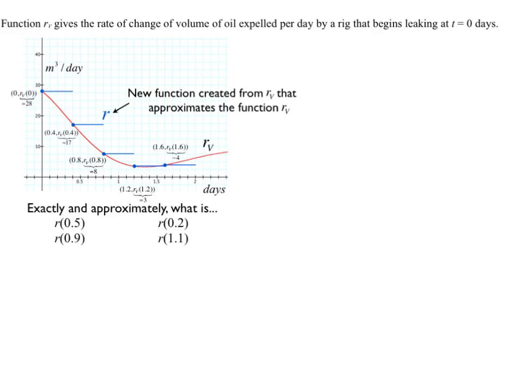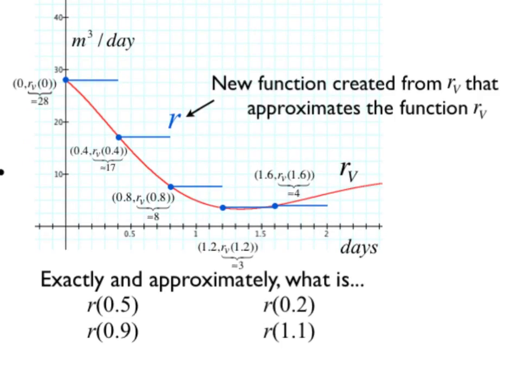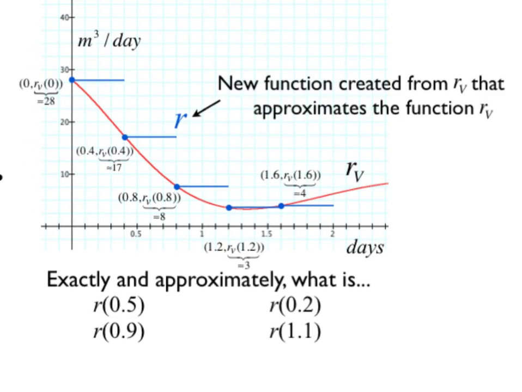Okay, so I'll zoom in on this. So let's just practice here. I'm going to give you four values of the R function, the approximate rate function. And I want you to write down exactly and approximately what each of these is. So R of 0.5, how can you represent it exactly? And what is it approximately?